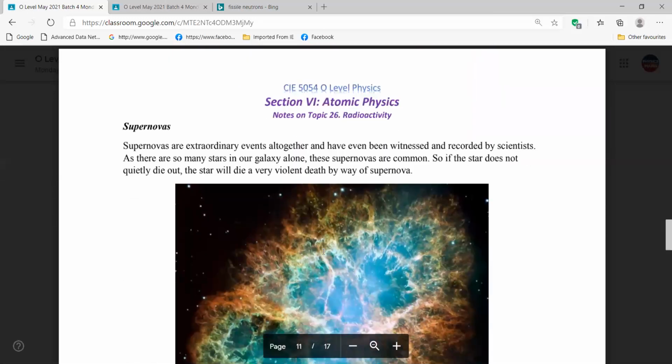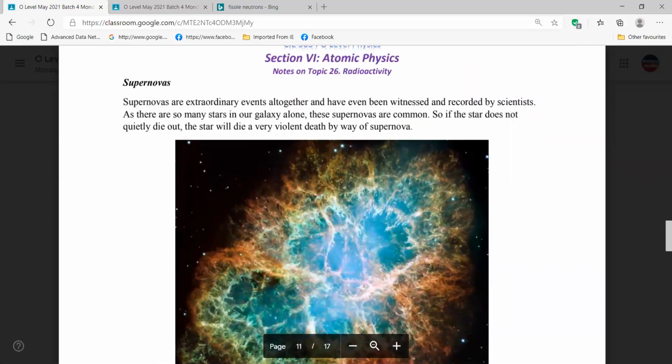Okay, now. Sir, does all supernova have the same force or effect, according to their size?